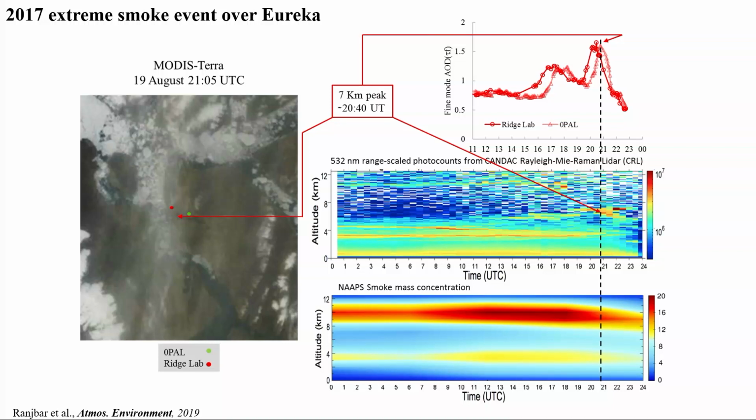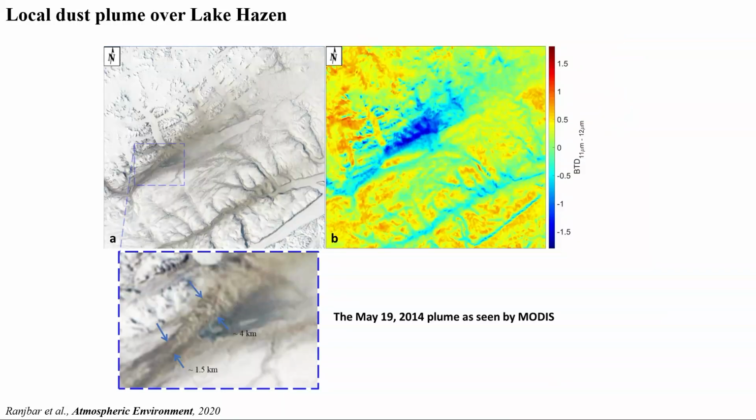On the right, the top plot is a function of time. We have 2 AERONET CIMELs there, and this shows the fine mode, submicron optical depth of those 2 CIMELs. It was during an extreme event that occurred in Prince Albert, BC, and made its way to Eureka. We proved using extreme statistics that this was the greatest optical depth ever measured at Eureka. The two graphs are displaced because of the time it took to get between those two sites. Another event that Ranjbar found was 300 kilometers northeast of Eureka, at Lake Hazen.